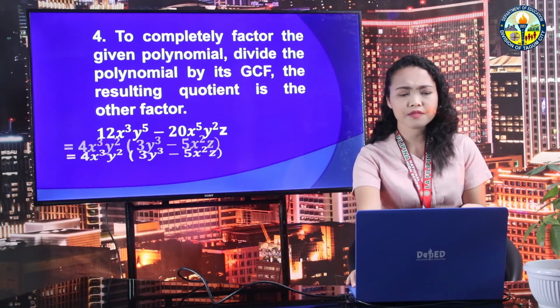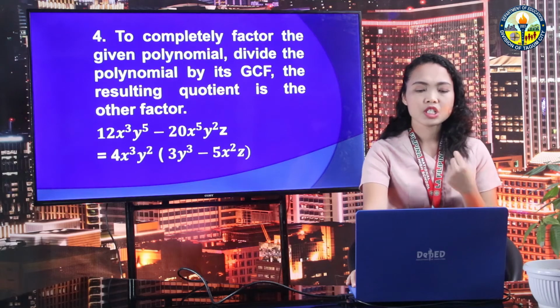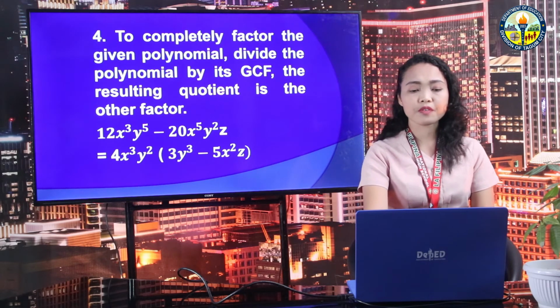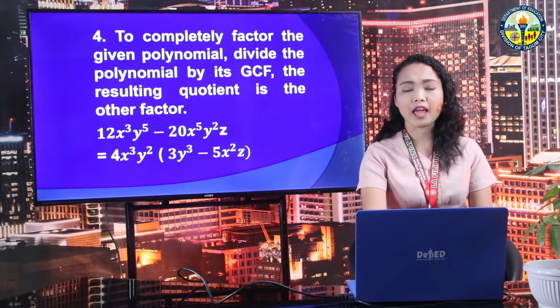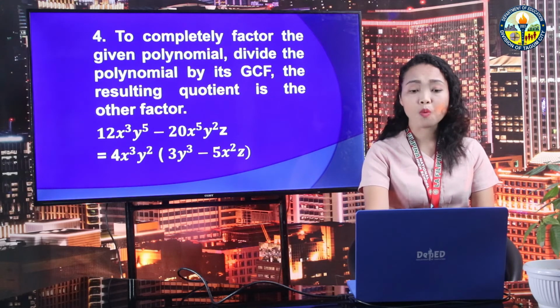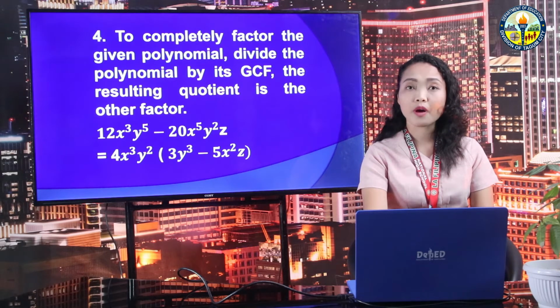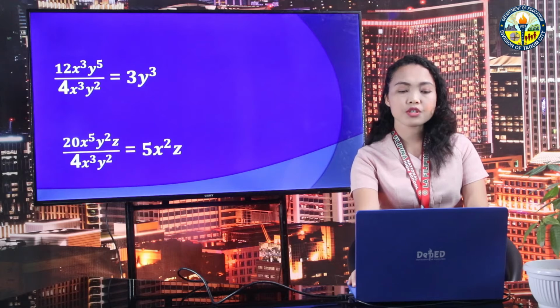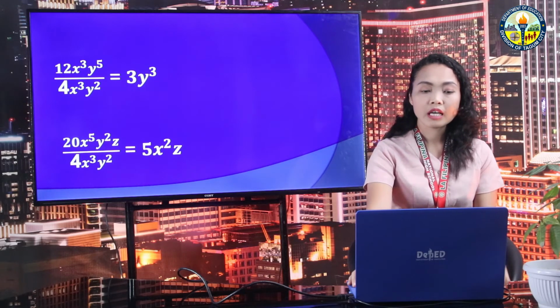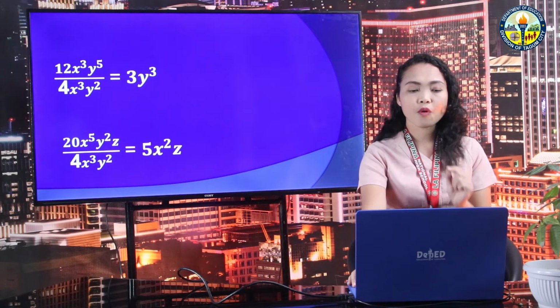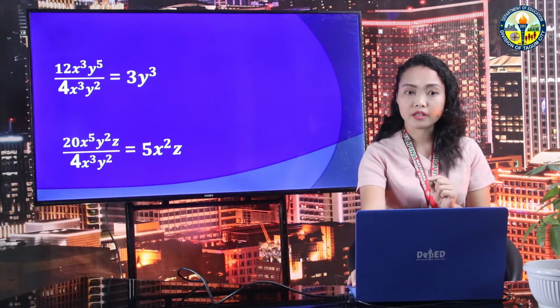We have here 12x cubed y to the 5th power minus 20x to the 5th power y squared z. We have here 4x cubed y squared as our GCF. This time we're going to divide 12x cubed y to the 5th power divided by 4x cubed y squared.